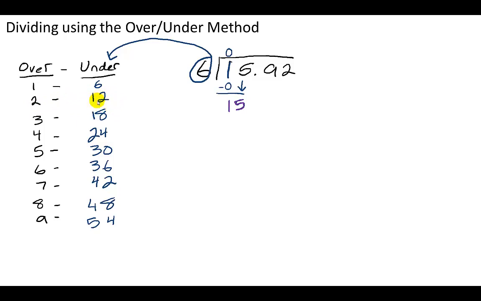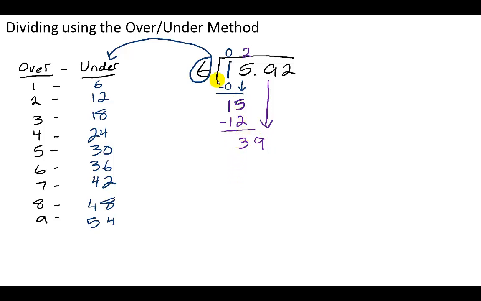So under our division problem, we're going to write 12. And over the division problem, we go directly above the number that we brought down, so we write a 2. We're going to subtract. 5 take away 2 is 3. 1 take away 1 is 0. So now we have a 9, which we're going to bring down because we're not done.